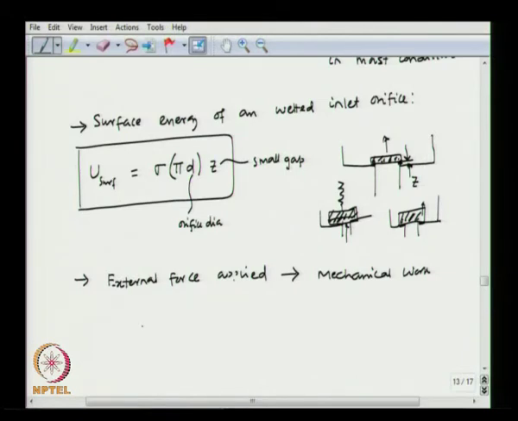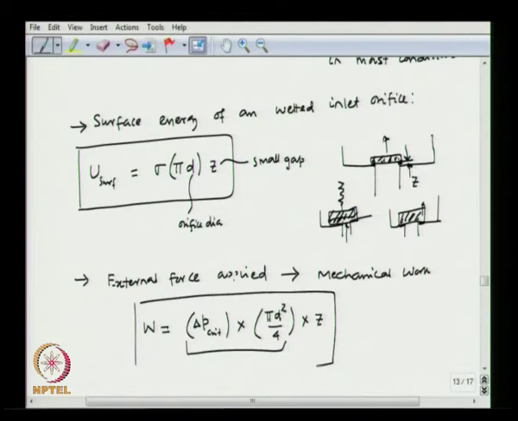So, the total work done would be delta P critical, the critical pressure to open the valve, into the area, which is pi d square over 4, into the distance z over which the force is applied. This is the energy that is supplied. This work has to be greater than the surface energy that is trying to prevent the actuator from opening up.